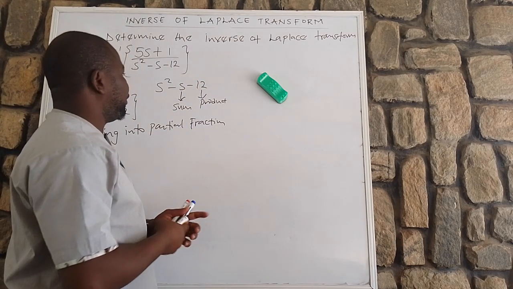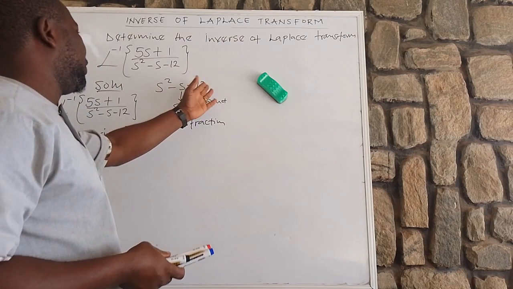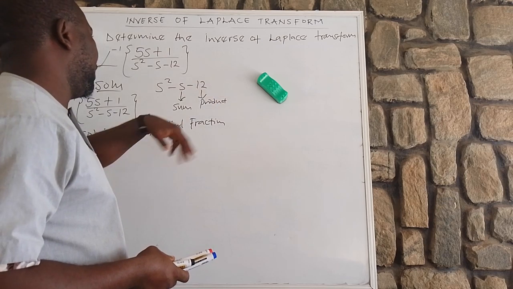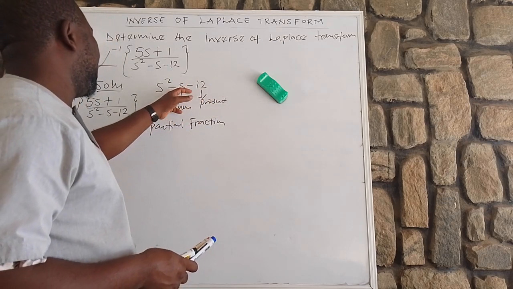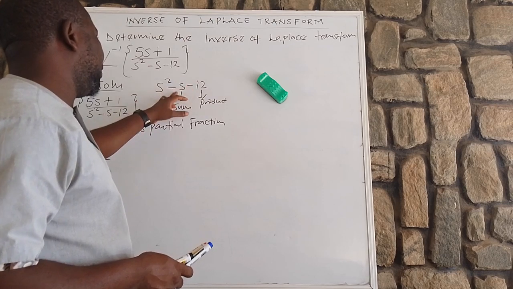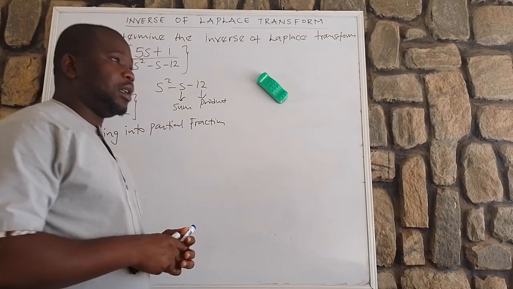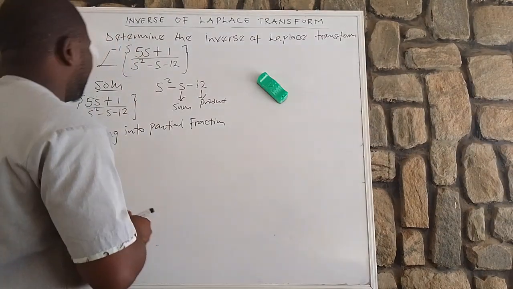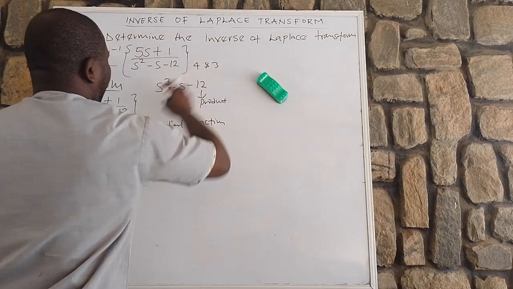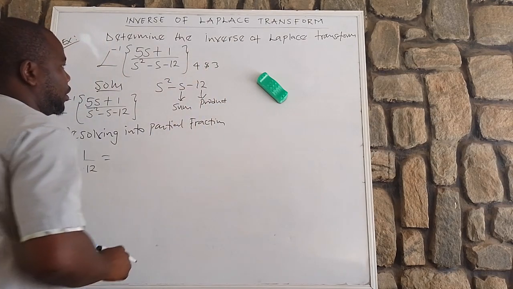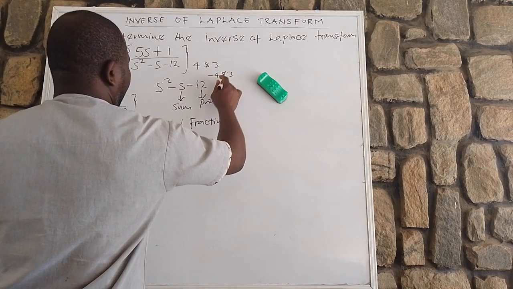So you ask yourself, what are the two values you will use to multiply themselves? It will give you minus 12, then by the time you add them, mind you, here we have invisible 1, it will give you minus 1. To save time, you know that 4 and 3 are factors of 12, true or false? So it's going to be minus 4 and plus 3.